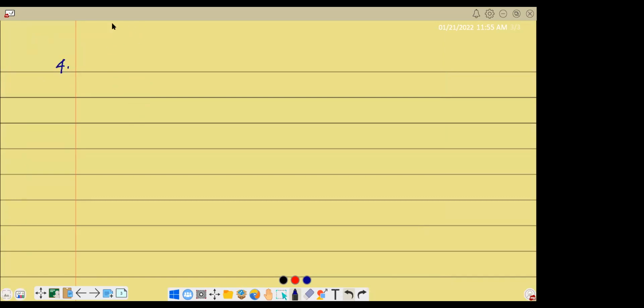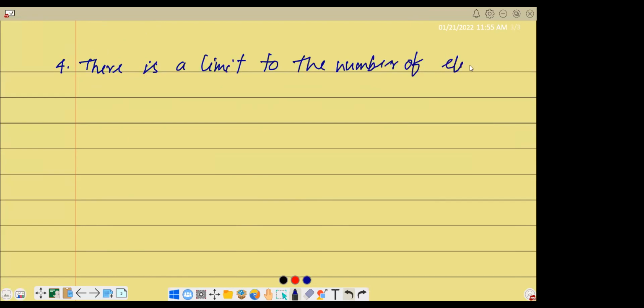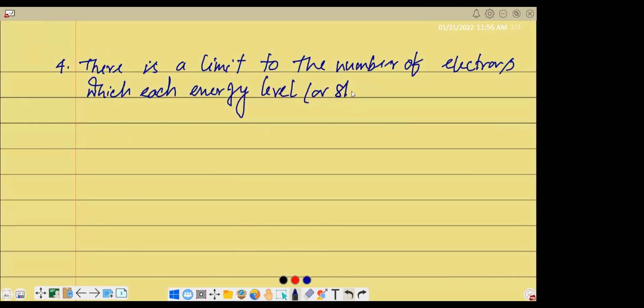Number four is that there is a limit to the number of electrons which each energy level or shell, rather you can say, can hold.